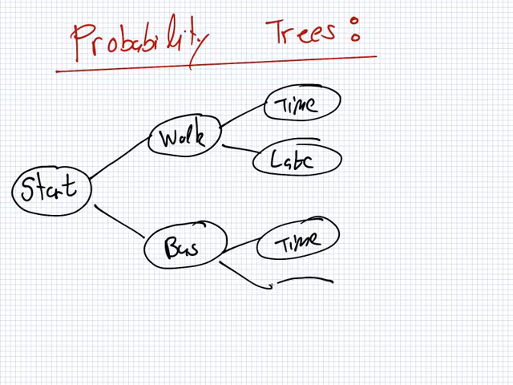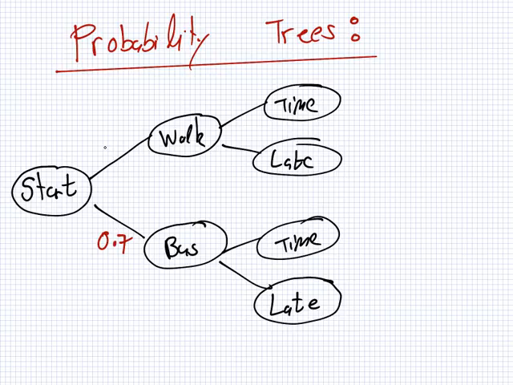Well, we'll reflect that with the probabilities, or late. So we'd imagine that this student takes the bus most mornings, so we'll say 0.7. This means there's a 70% chance that they'll take the bus in the morning.